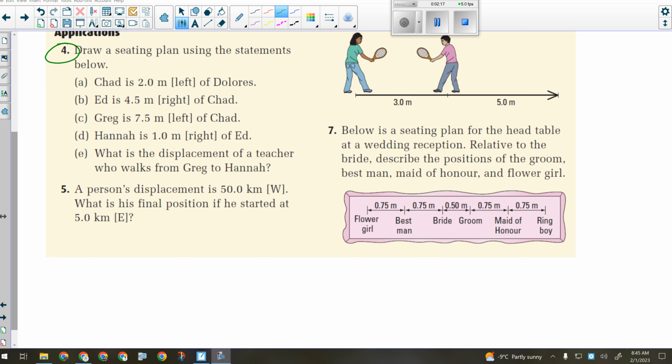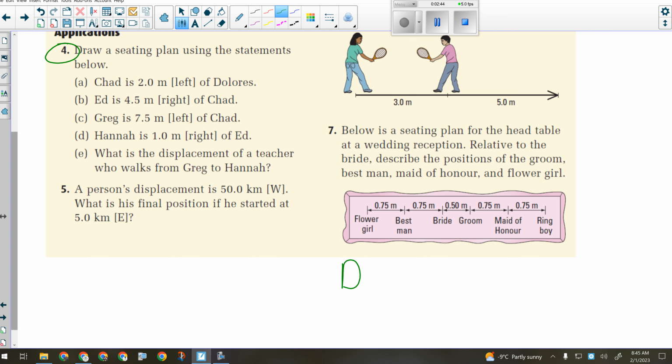But I don't know where to put Chad unless I place Dolores somewhere. So Dolores actually acts as my reference point. Now, this is the trick. Do they tell me where she is? No. I just have to put her somewhere. She's going to be the reference point because I'm going to draw Chad 2 meters to her left. So Dolores is my reference point, and then I go from there.